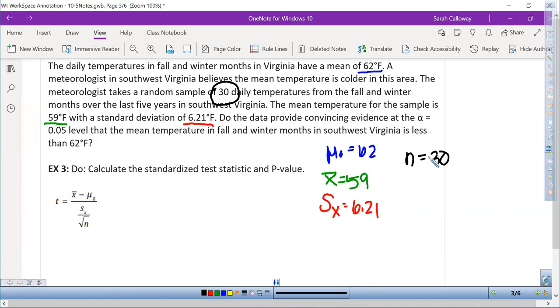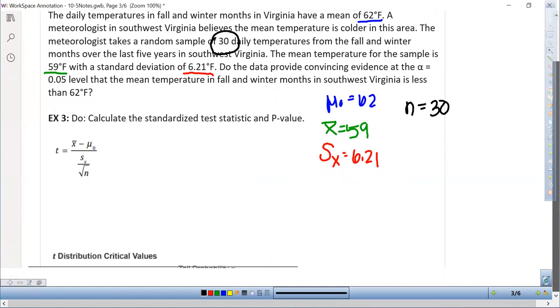And then with that, we have everything we need to calculate the value for T. So if we look at this formula, we want to figure out what the answer is for T. So let's plug everything in. So we're going to do X bar minus mu naught divided by standard deviation over the square root of N, which was 30.